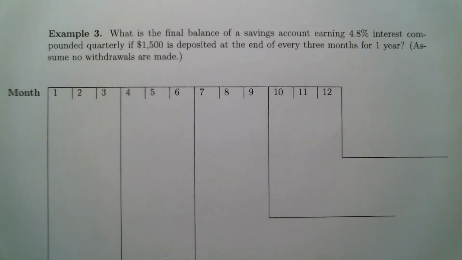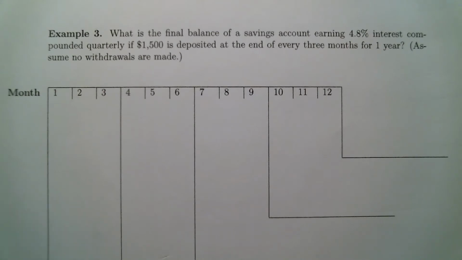Now you're doing it differently. You're making regular quarterly deposits of $1,500 into your account. So your money is going to grow not only through the interest, but through those regular deposits. Saving money, regular deposits, that means it's an annuity.